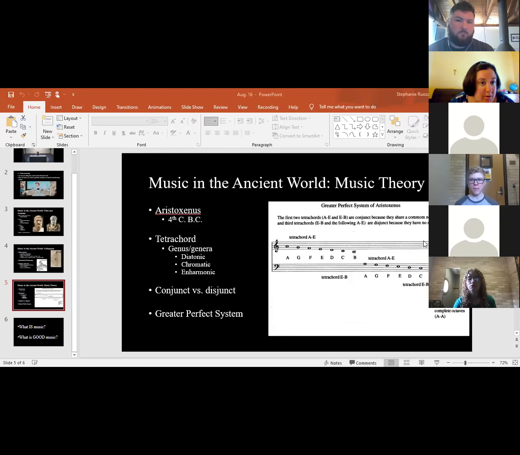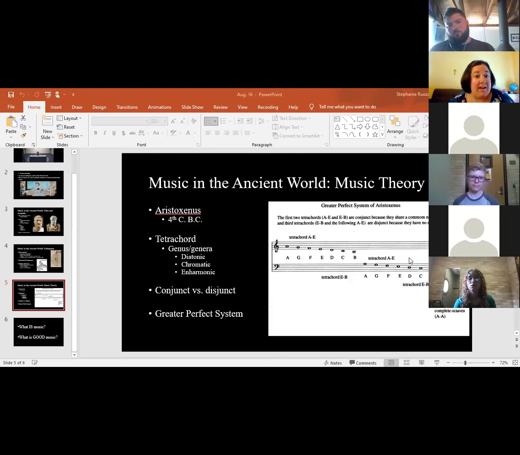So for our purposes, we've laid them out on our own contemporary music staff, right? The ancient Greeks did not notate music this way. For the ancient Greeks, because they had different genera of tetrachord, these closed notes in the middle could change depending on the genus.